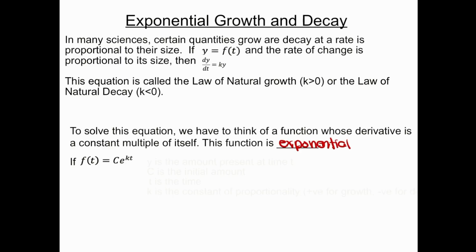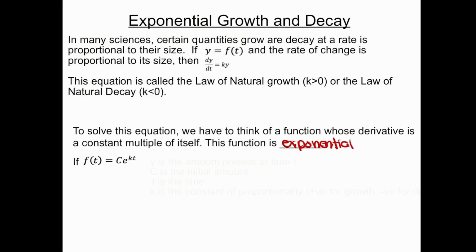To solve this equation, we have to think of a function whose derivative is a constant multiple of itself. This function is exponential. So we are going to use f of t is equal to c e to the kt. And we need to set up a little bit so that we know what we're talking about here.